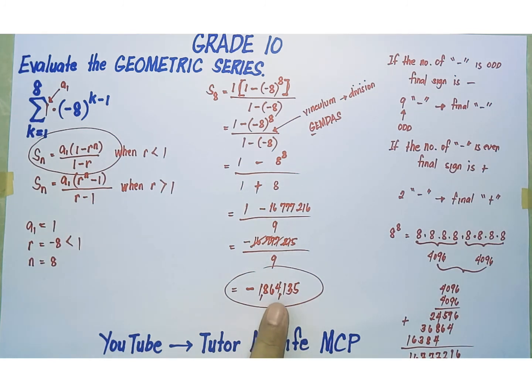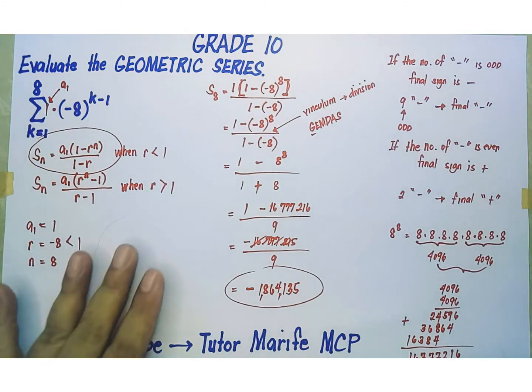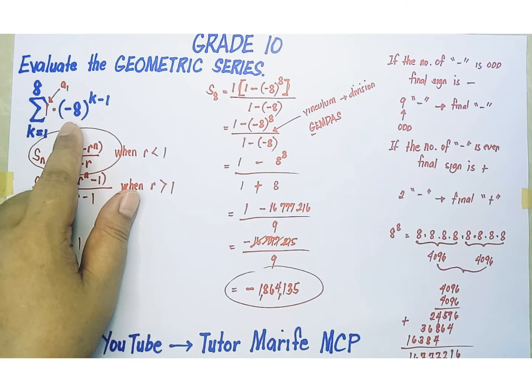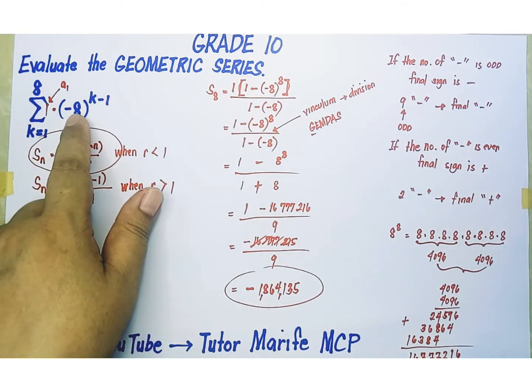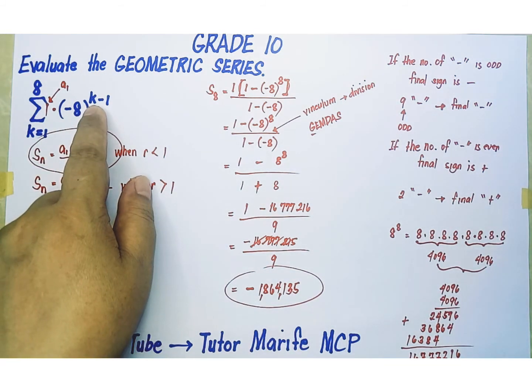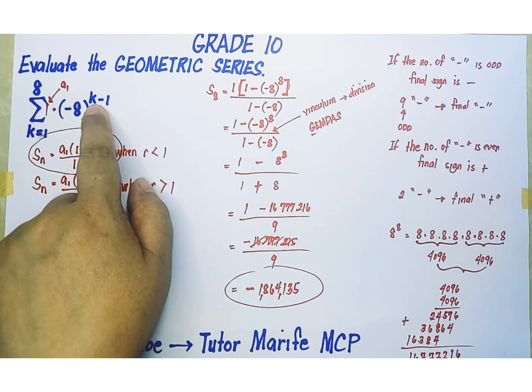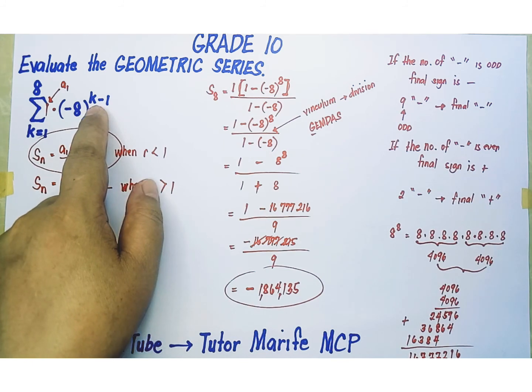Dapat lang na integer. Kasi by closure property, under addition, kasi you are adding up, you are getting the sum. Pag kukunin mo isa-isa ang terms nito until the 8th term, mapapansin mo na ang lalabas na terms nito ay integers. Puro integers. You start from k equals 1, your first term is 1. If k is 2, your second term is negative 8 raised to 2 minus 1, or negative 8 raised to 1, and that's equal to negative 8.